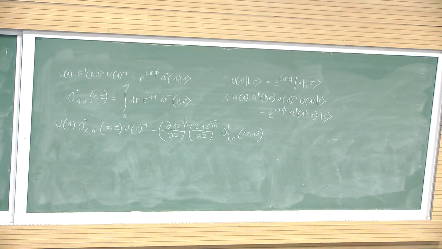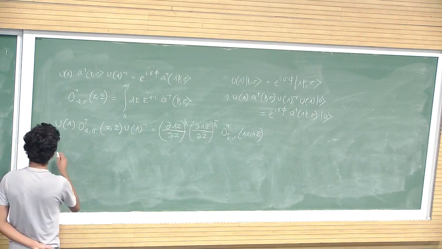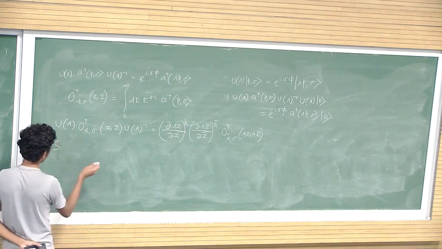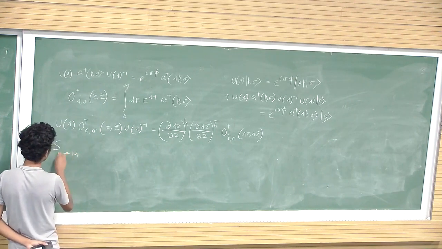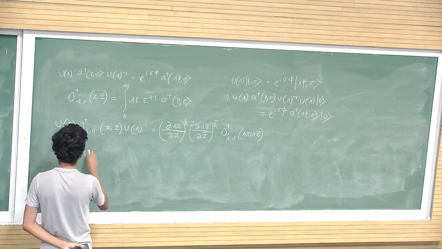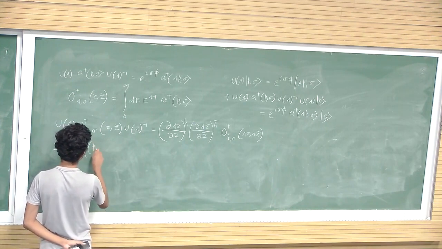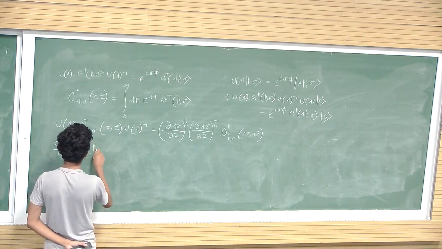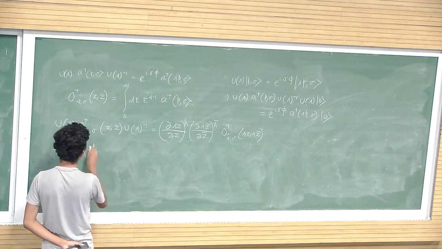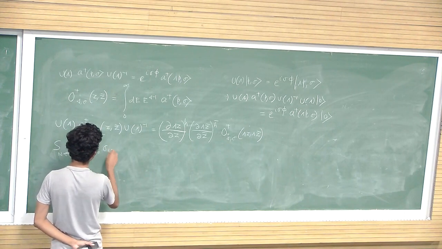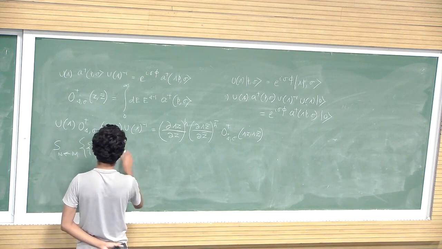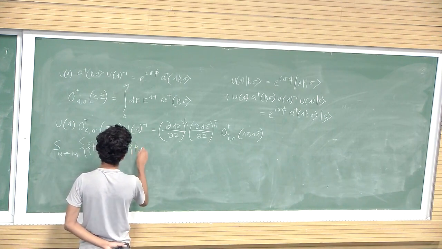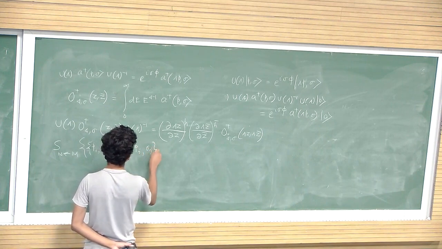So now suppose you write an S matrix, S, say for example M goes to N, with particles p i sigma i and p j sigma j.